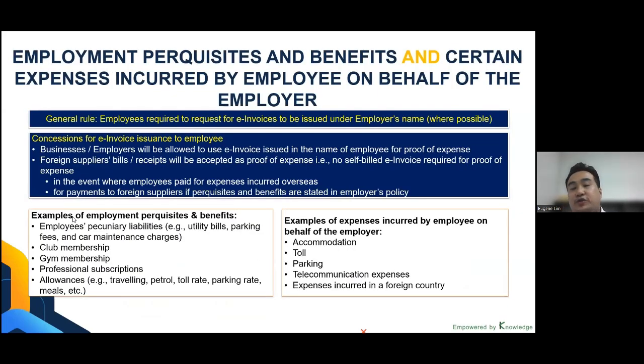For those hiring staff, all the claims made by the staff are not required to be issued under the company name. It's not a must, but it's recommended. If the staff is able to request the supplier to issue under the employer name, it is the best practice. So this one you can study on your own.